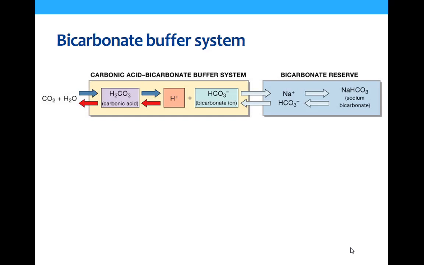As I told you, the bicarbonate ion is 20 times more than the carbonic acid component of this buffer. So we have this sodium bicarbonate reserve in our body, which is always contributing and adding bicarbonate ions to the blood, so that the buffer is always able to resist any change in pH, especially the drop in pH. Okay.